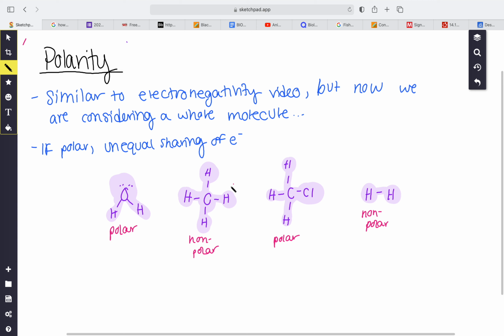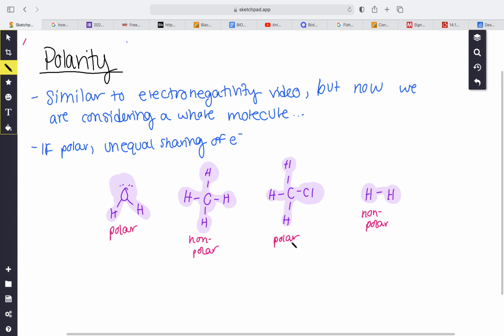It doesn't matter, but either way, if they are all the same, then it's all going to be equally shared, because none of these are stronger than the other. You could say that carbon is stronger, but because it's in the center, it's not doing any pushing or pulling, so it itself is not making anything unequal.